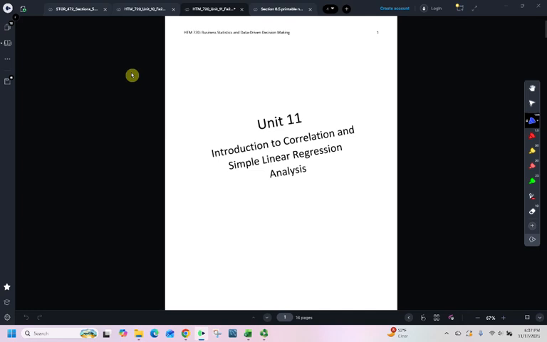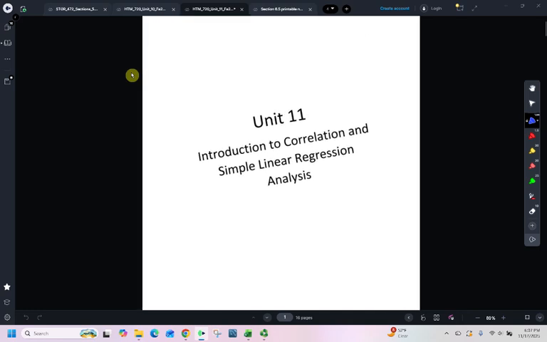In this video, we begin our discussion of Unit 11, which is centered on Introduction to Correlation and Simple Linear Regression Analysis.